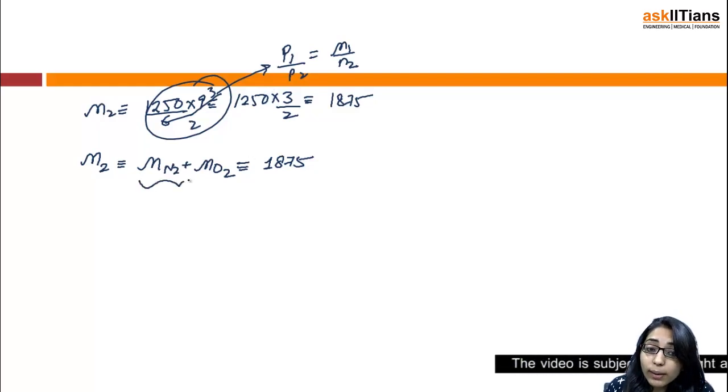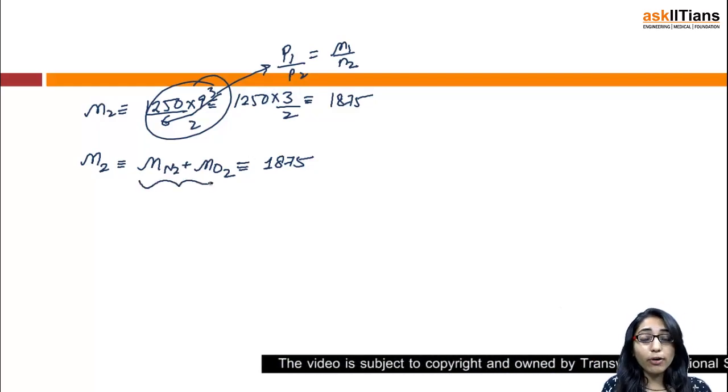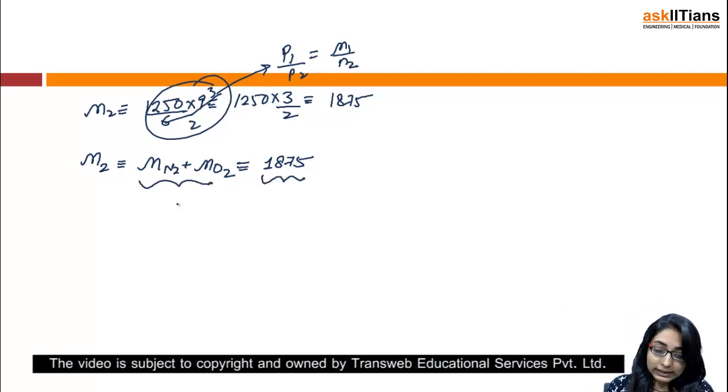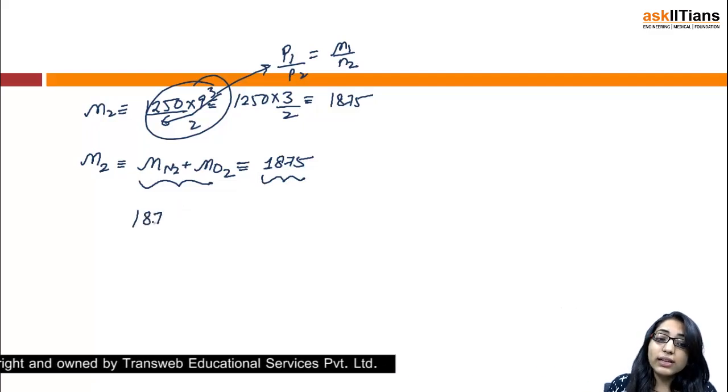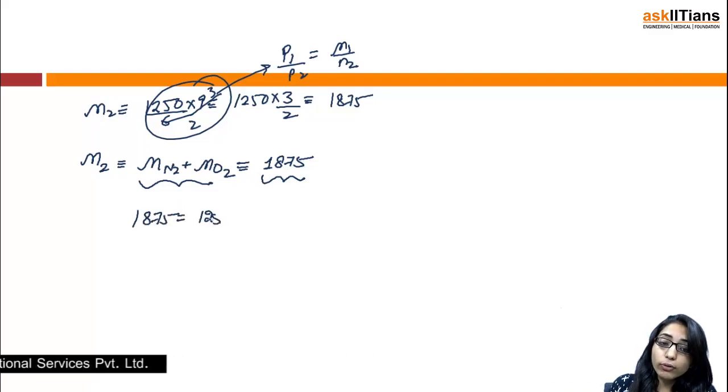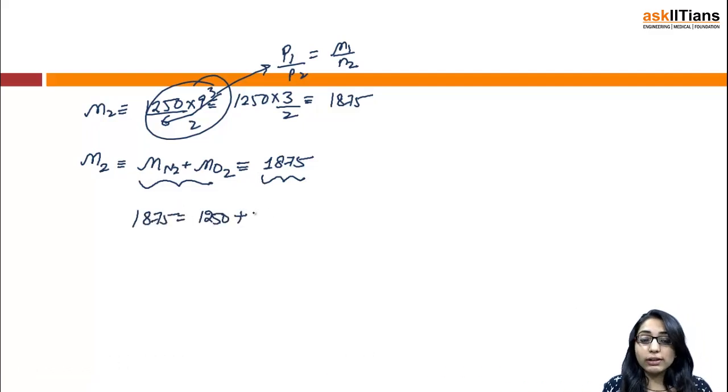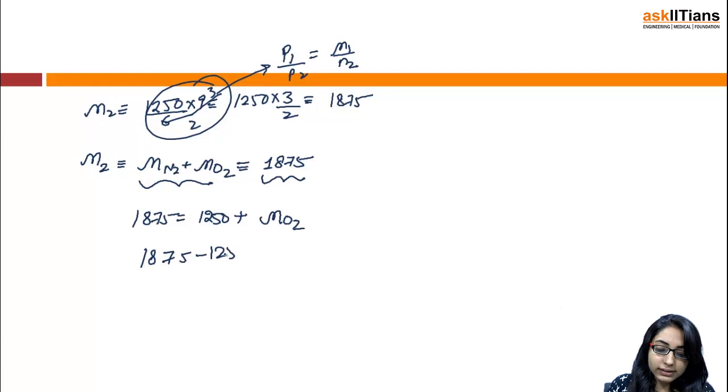So now you know the number of moles of nitrogen plus the number of moles of oxygen is nothing but 1875. If I ask you to substitute the value 1250 for the number of moles of nitrogen, you get the number of moles of oxygen as 1875 minus 1250. So the number of moles of oxygen comes out to be nearly 625 moles.